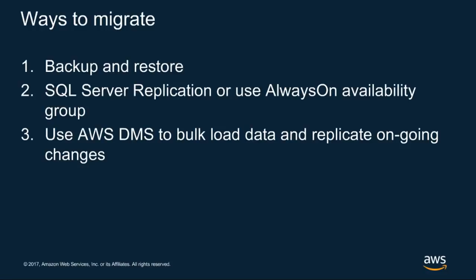So the biggest advantage that DMS offers is it takes care of the disadvantages that options one or two come with. For example, the biggest disadvantage with option number 1 here is you will not be able to keep your target in complete sync with the source.